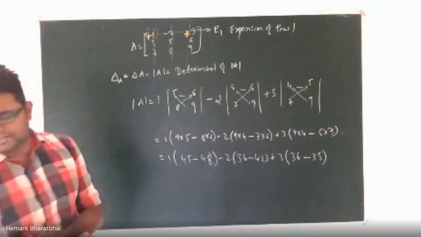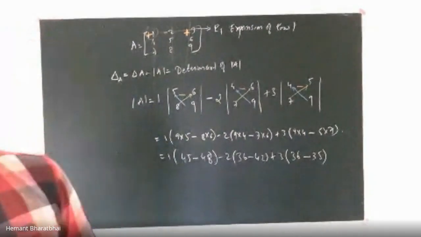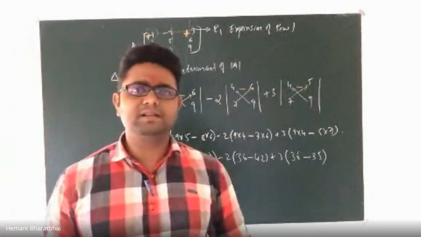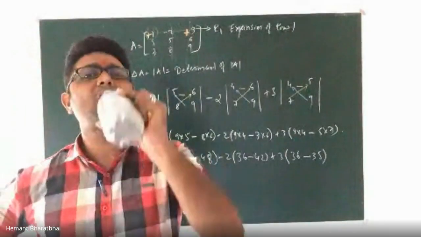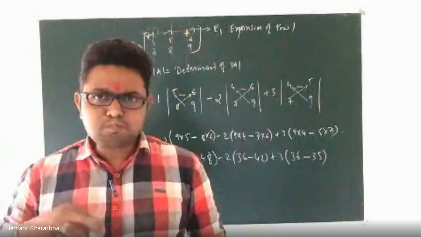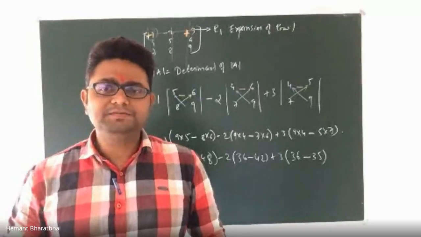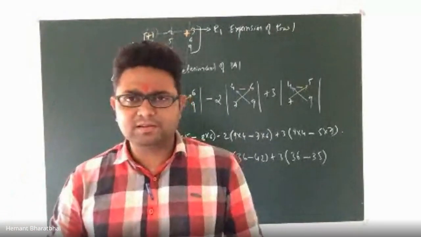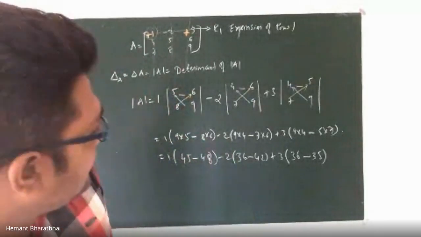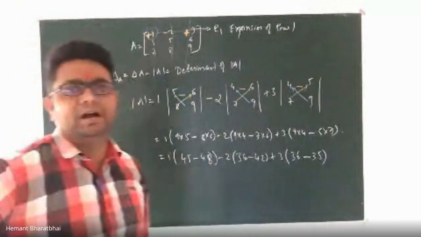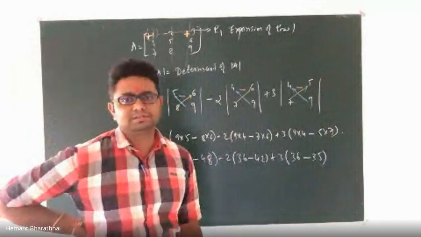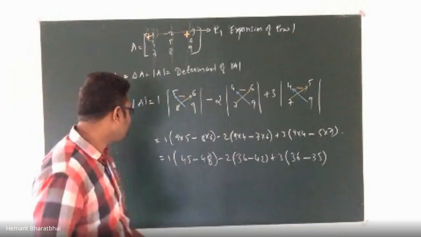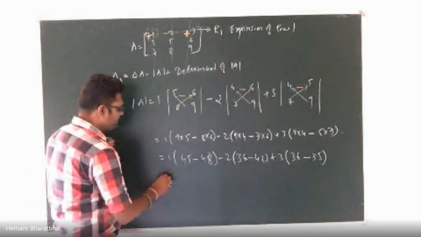Okay, everyone has understood how to find the determinant. You should always follow the direction I have shown by the blue line first, and then the yellow line, and in between both the terms there should be a minus sign.